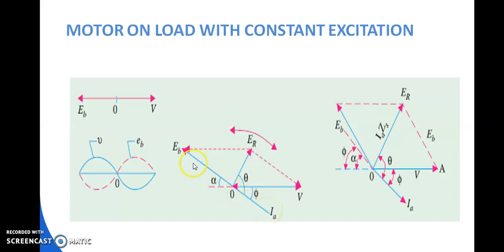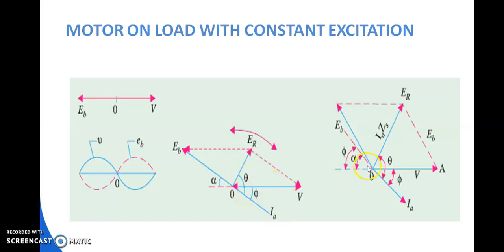And here this is the back EMF, and this is the load angle alpha we have taken here. And listen, the resultant of V and EB will always be ER, that is the resultant EMF of the synchronous motor, and the angle between ER and IA will always be theta.